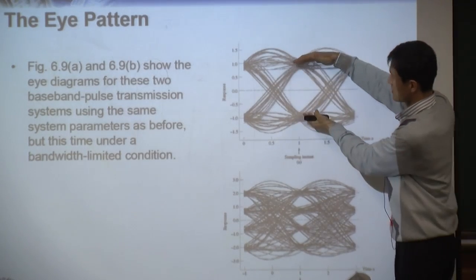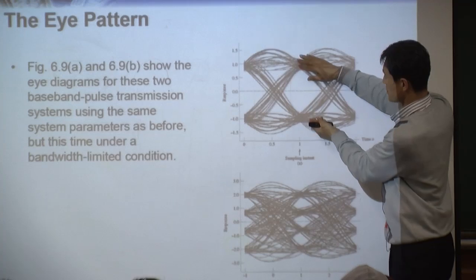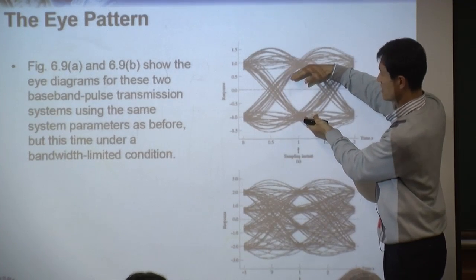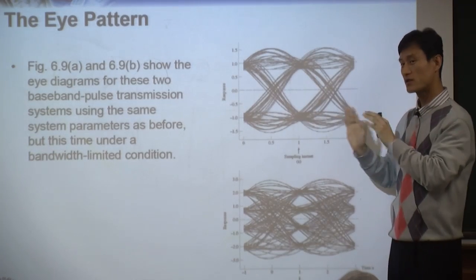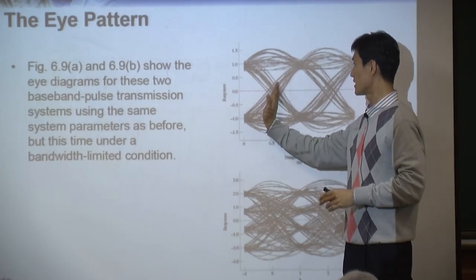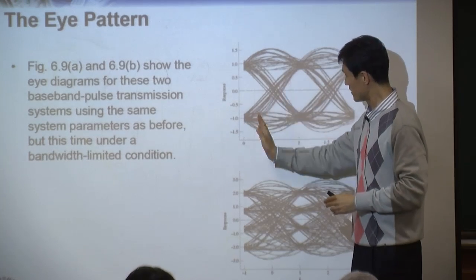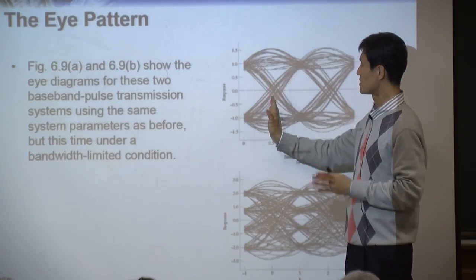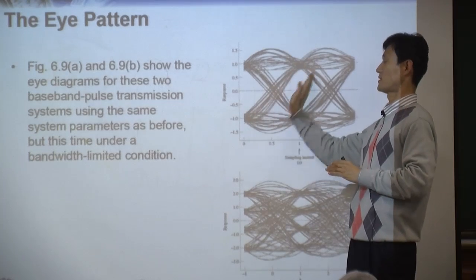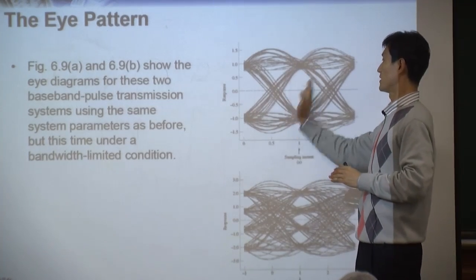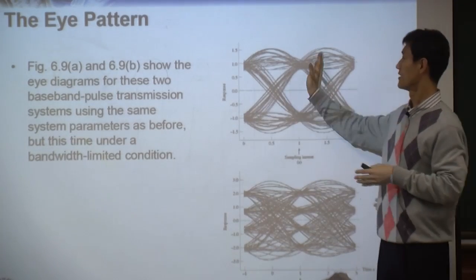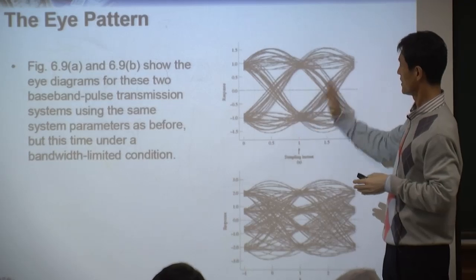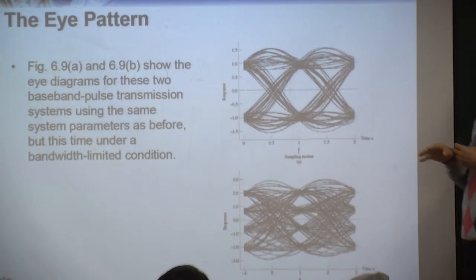The eye is sometimes closed because of the noise and because of all the interference. Eye is closed, right? And sometimes if the timing drifts, then this line, because you are drawing again and again, right? If the timing is drifting, then it moves here. When it moves, eventually everything is going to be black. Think about it. Everything is going to be black. That means you have some timing issue here, right?